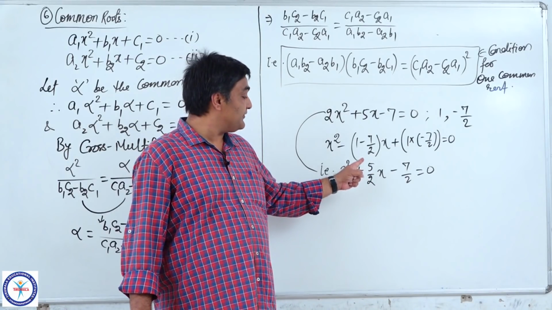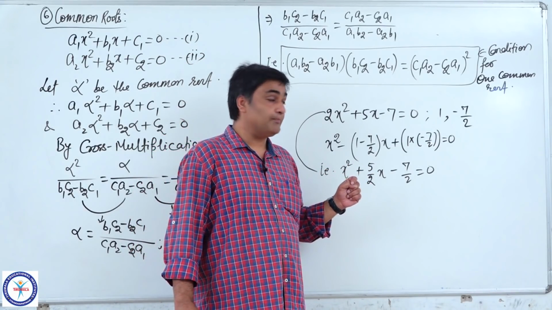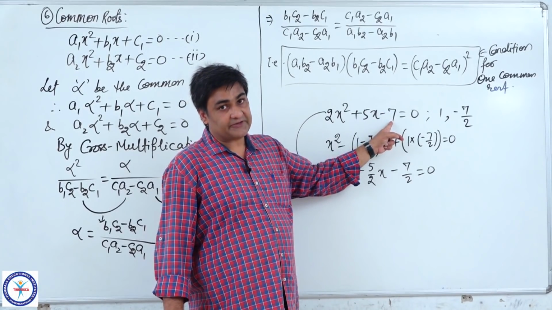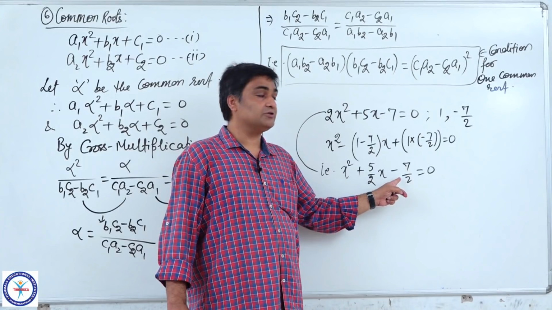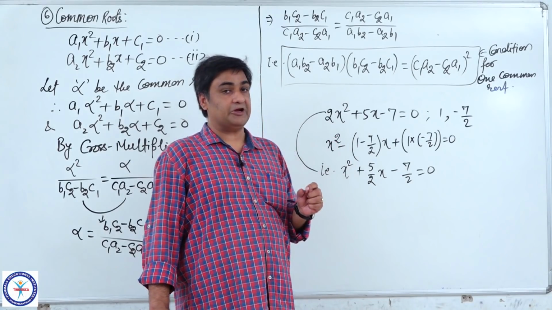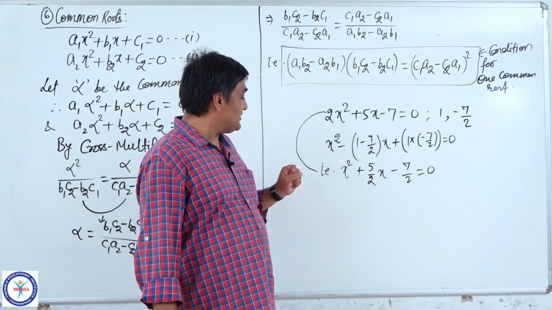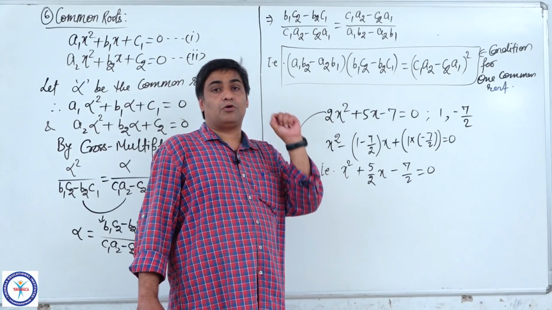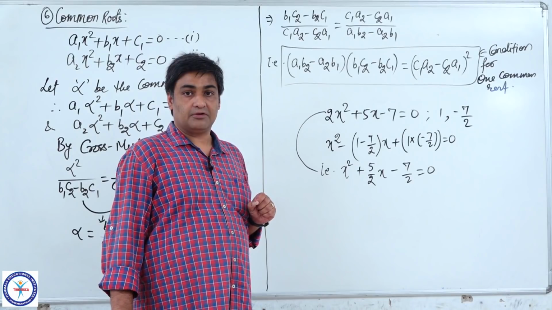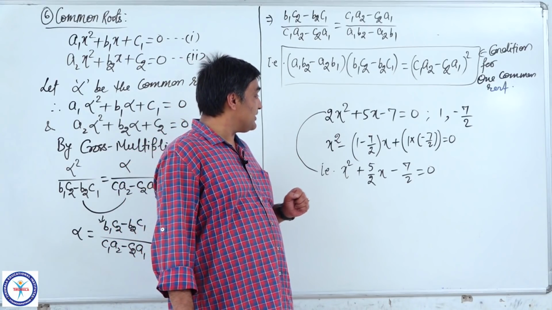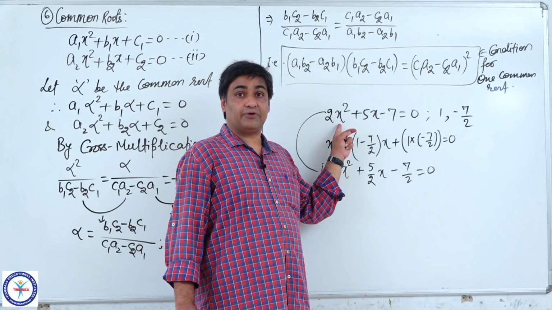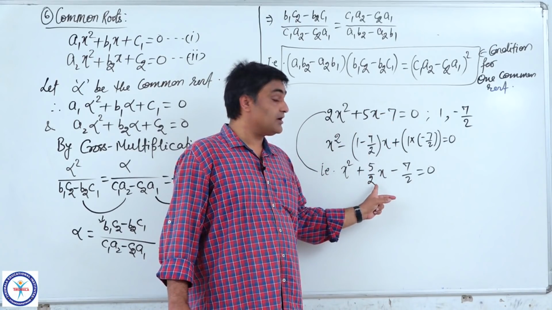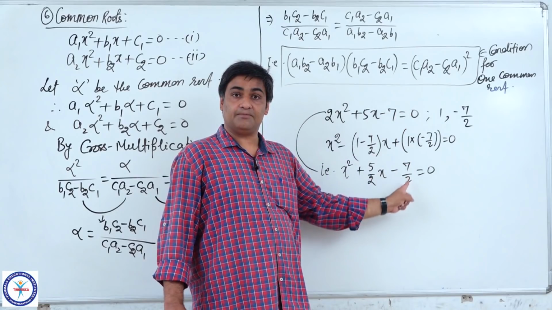Here coefficient of x is 5 by 2. Here constant term is minus 7 and here constant term is minus 7 by 2. So we observe that the ratio of corresponding coefficients, corresponding coefficient means x square over here, here also x square, x over here also x, constant term, constant term.